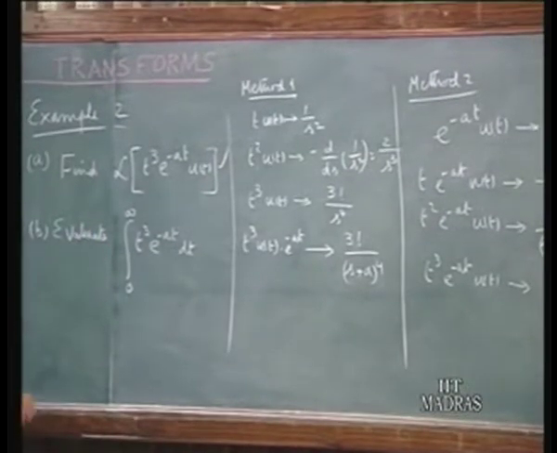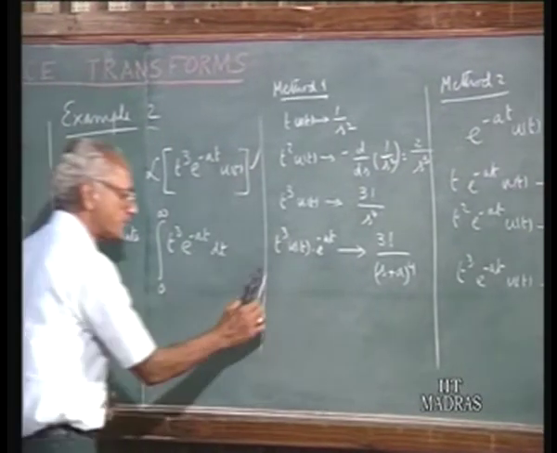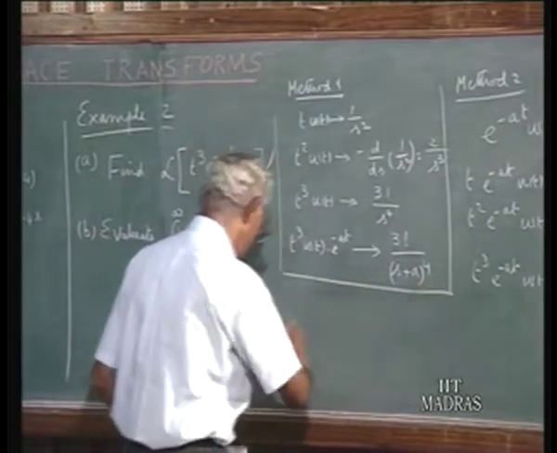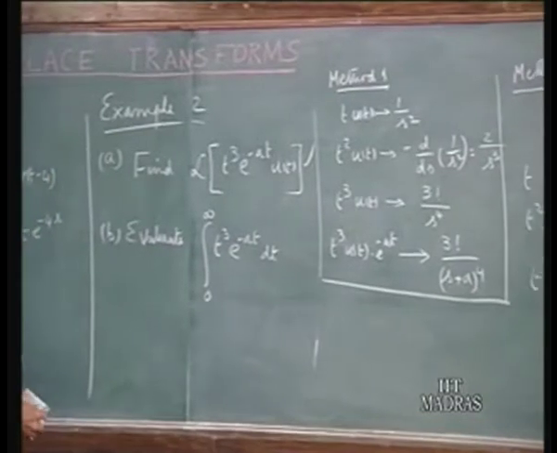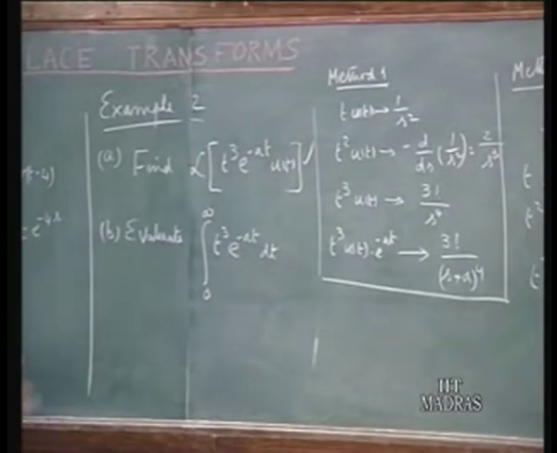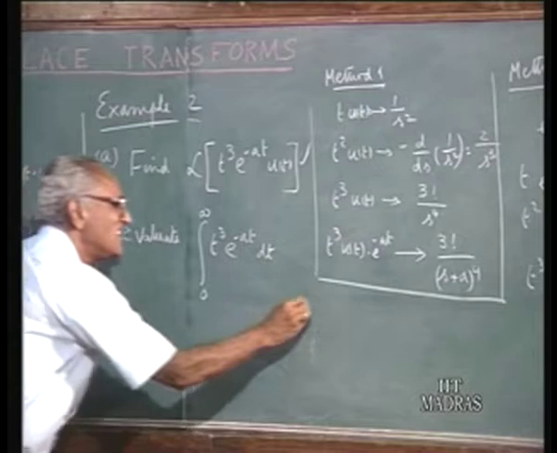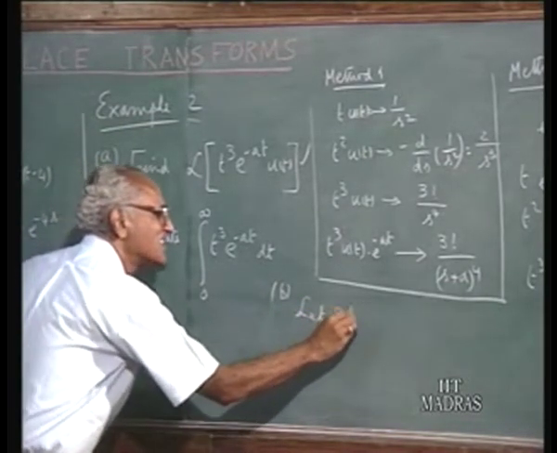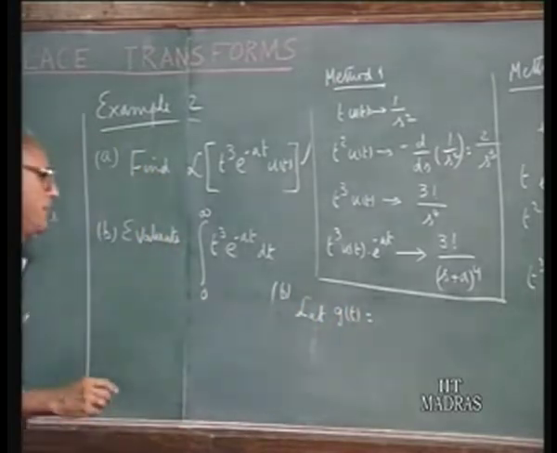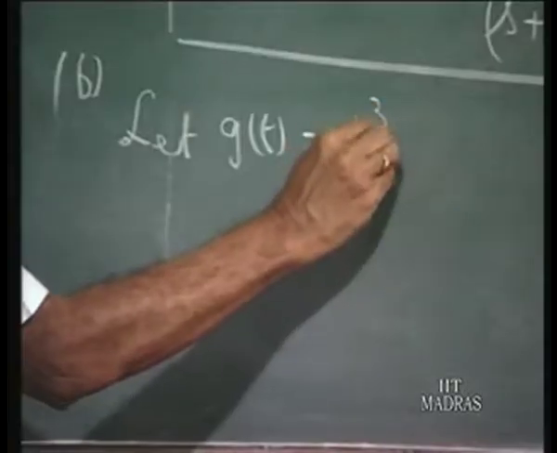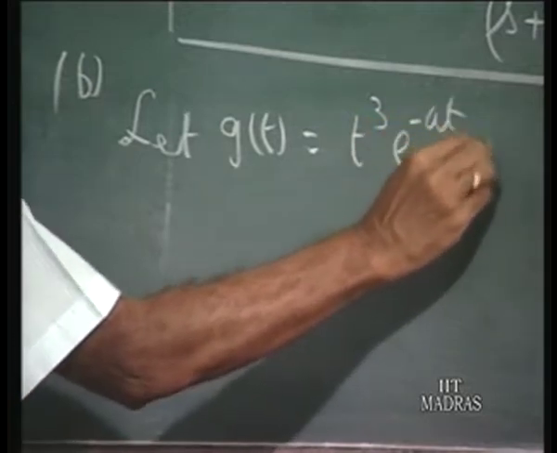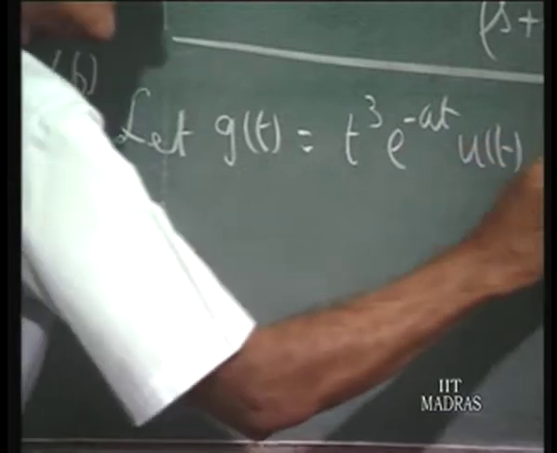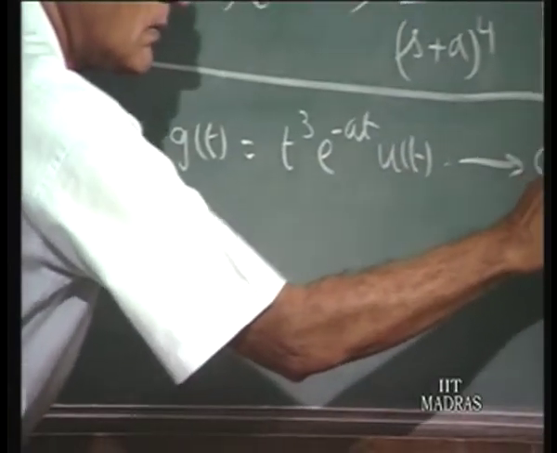Now, for the second question, let g of t be t cubed e to the power of minus at u(t). It has got the Laplace transform, let us say g of s, which is this.